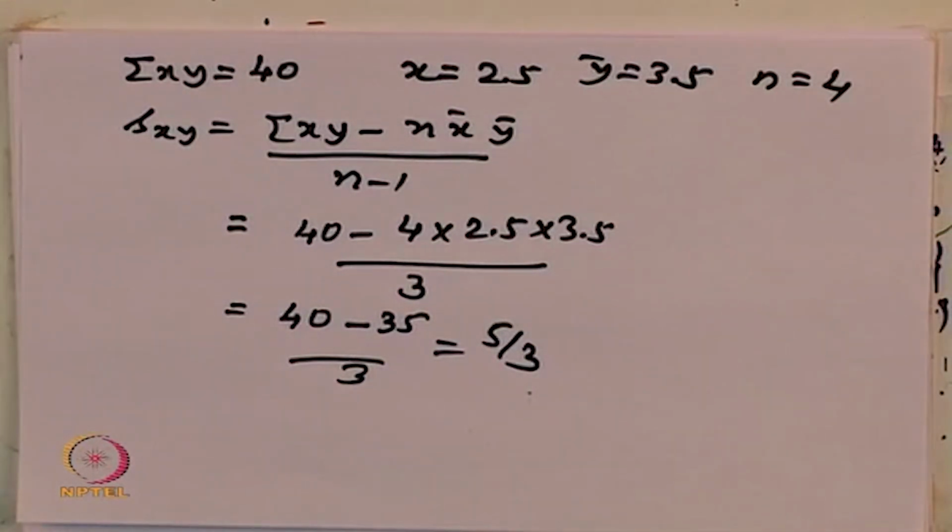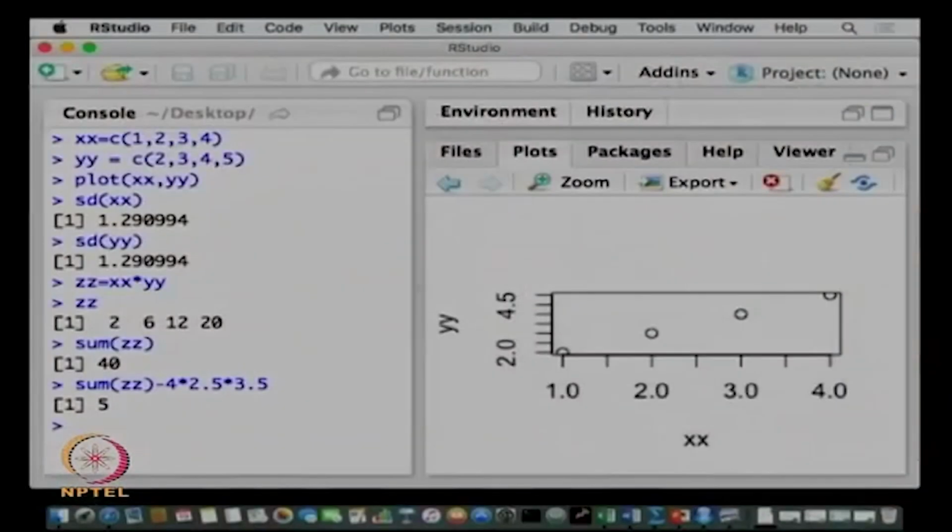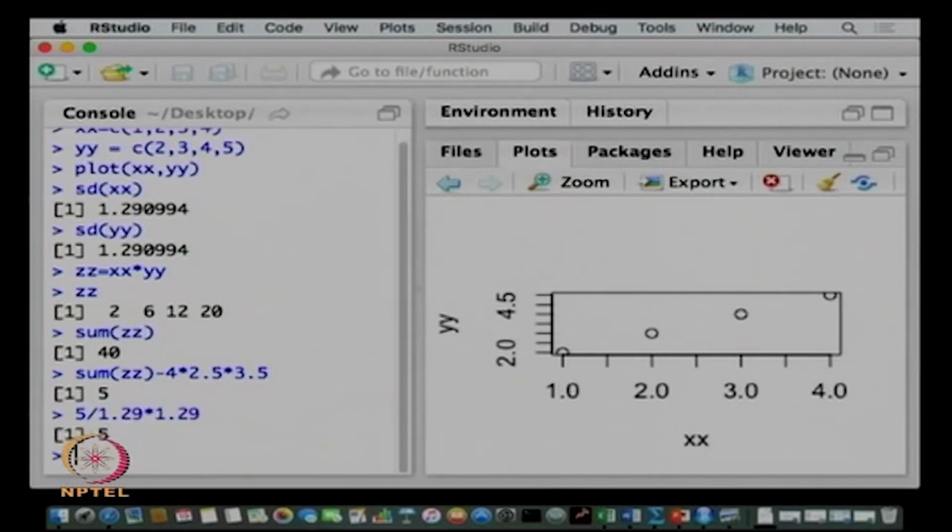Okay. And I know the standard deviation Sx. So, my correlation coefficient is going to be 5 by 1.29 star 1.29.